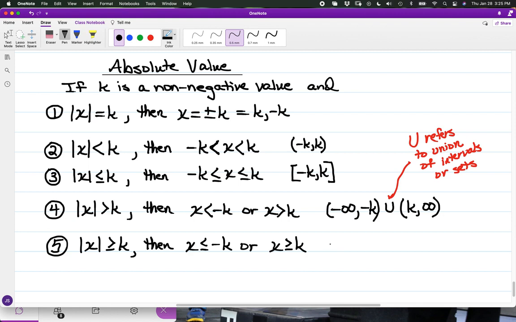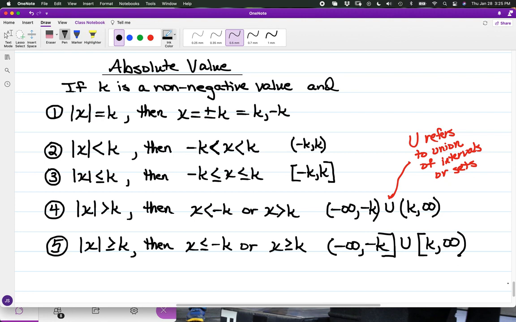And the interval notation is from negative infinity approaching and including negative k. So the negative k is going to be in the brackets, and you have the union with the upper half set, going from and including positive k all the way out to infinity. Okay, so these are the possible cases that exist here.